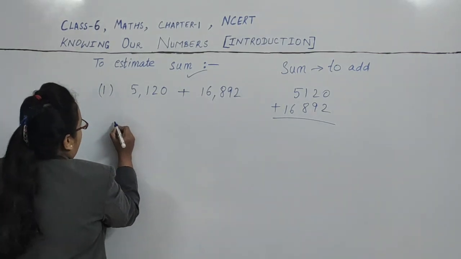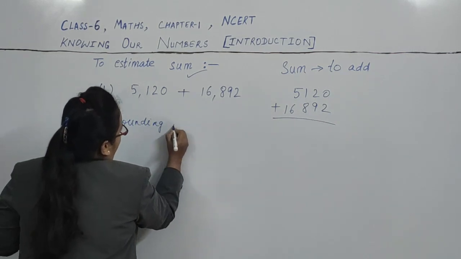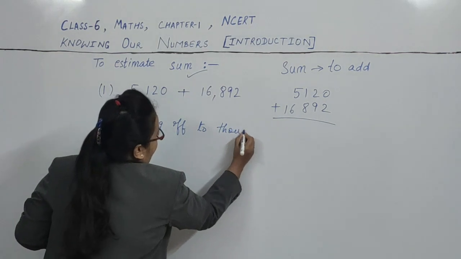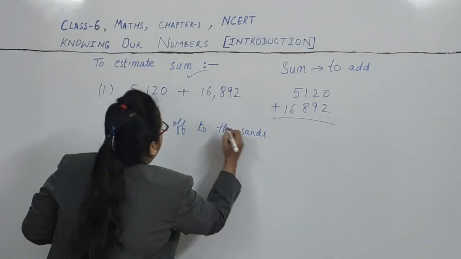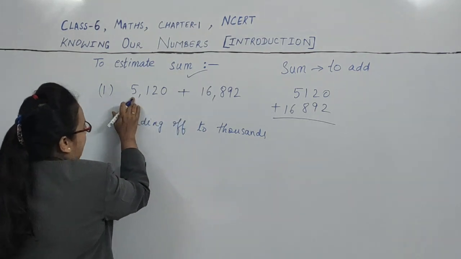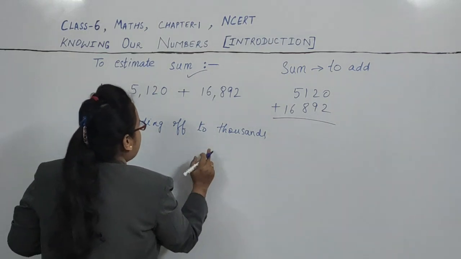So rounding off to thousands. Why thousands? Because the smaller number has the thousands place as its greatest place.